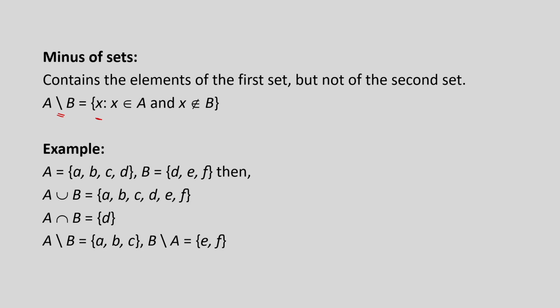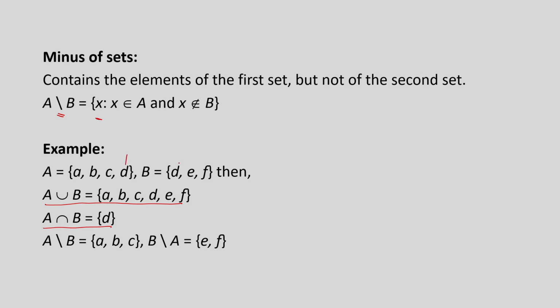Okay, we have taken another example here. So, capital A consists of 4 elements, small a, b, c, d, and capital B is another set, it consists of d, e and f. Then A union B is just all the elements which are there either in A or in B: a, b, c, d, e, f. And A intersection B, is there any intersection element?